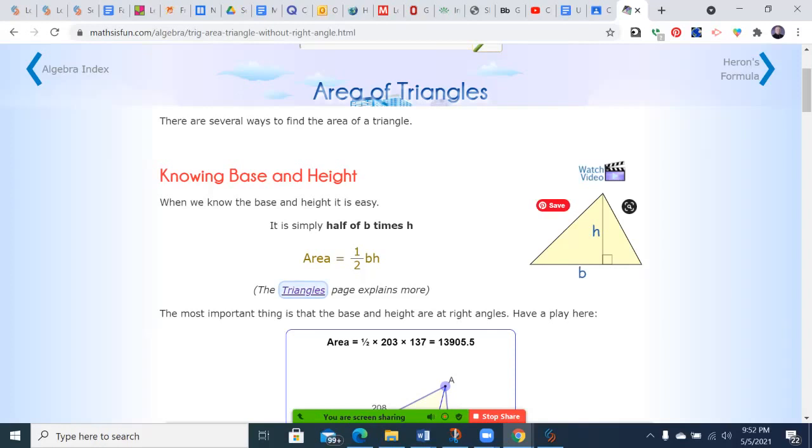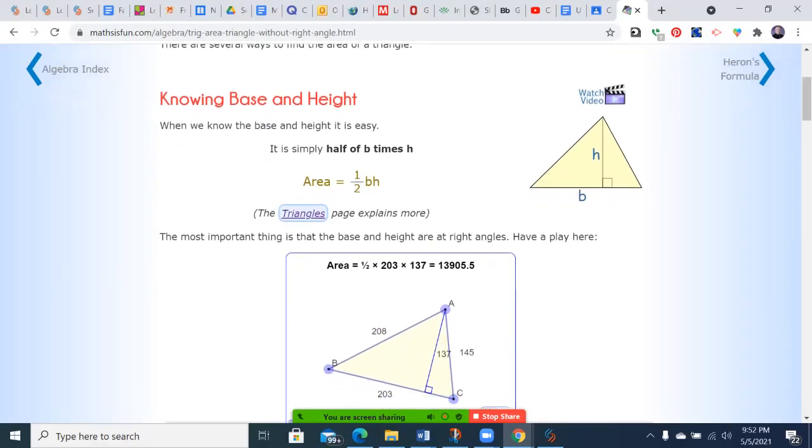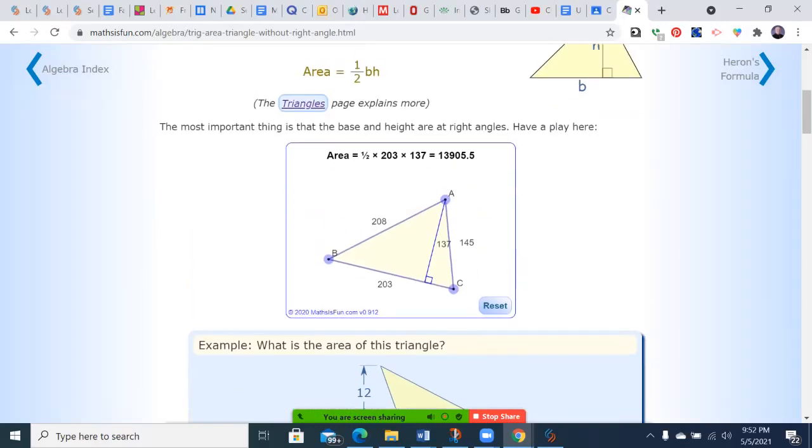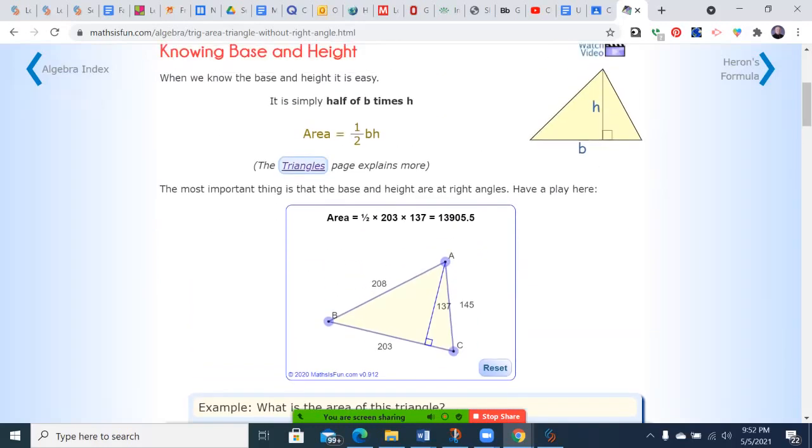The base being denoted with a B and the H denotes the height. So we would be able to actually take and do math problems with this. If my base was 10 and my height was 10, 10 times 10 is 100. But then we multiply it by a half. It's kind of like dividing by 2, and we'd end up with an area of 50 square units.